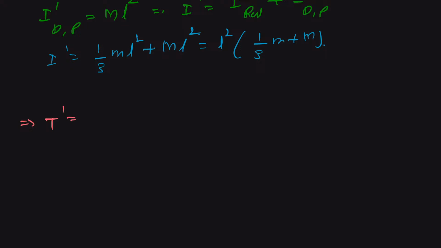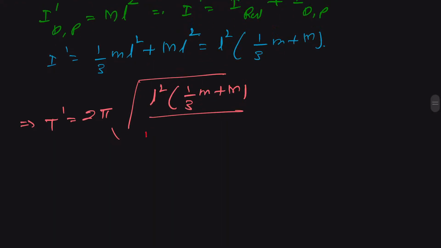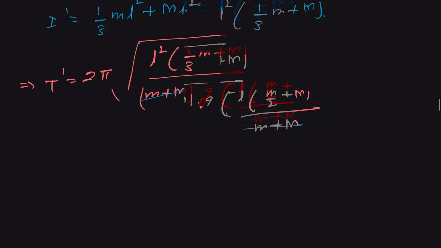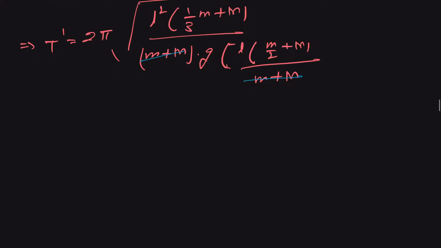So we get T prime equal to 2 pi times the square root of I prime, which was L square (1 by 3 m plus capital M), over total mass m plus capital M times g, and distance we got as L (m by 2 plus capital M) divided by m plus capital M. So this m plus capital M cancels out, but we will keep it as it is so that we can make a comparison also.